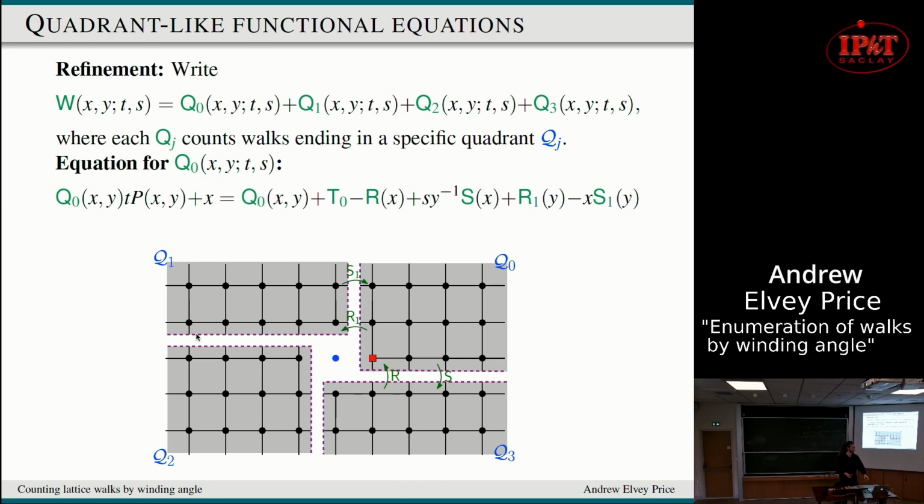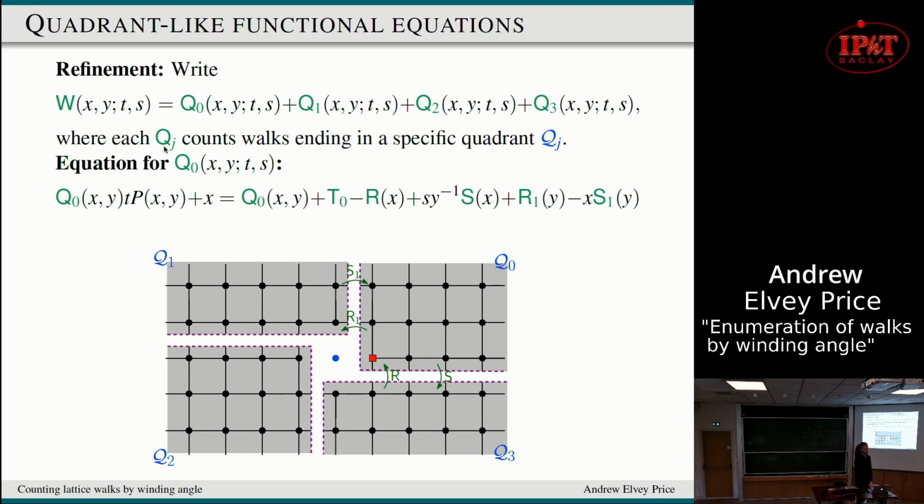We break W, which counts walks ending anywhere in any of these 4 quadrants, into Q0, Q1, Q2, and Q3. Q0 counts walks ending in this quadrant, Q1 counts walks ending in this quadrant, Q2 counts those ending in this quadrant, and Q3 those ending in this quadrant.